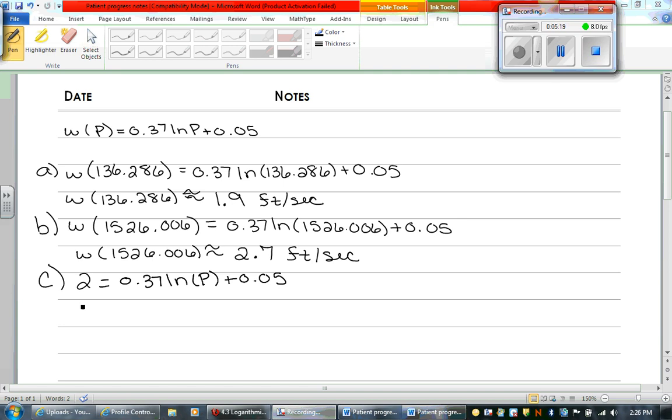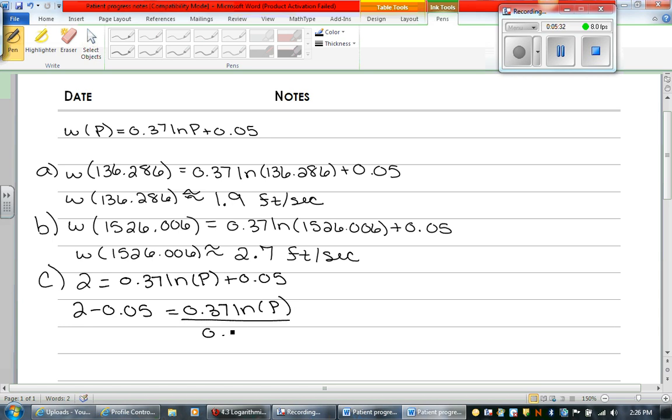Okay, so we're going to start by subtracting over that 0.05. And then dividing, because our goal is to get that natural log alone.